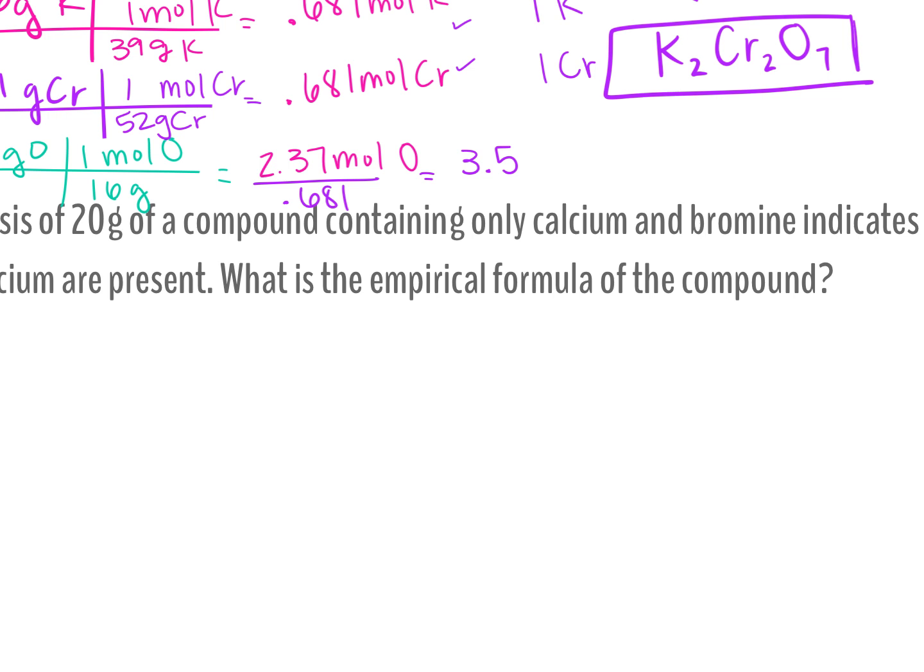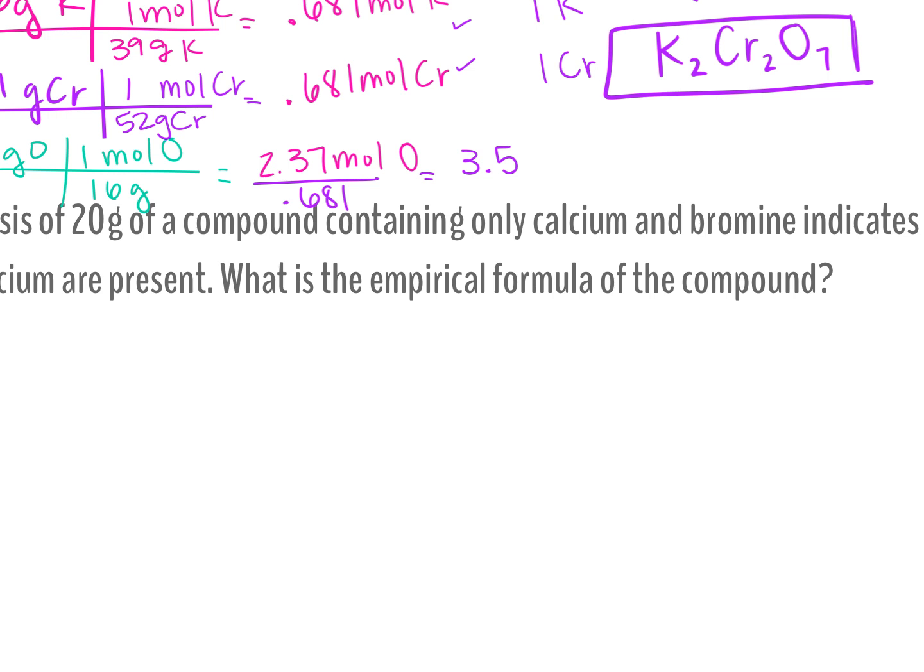What is the empirical formula of the compound? So let me ask you this question. Is there a reason for us to convert our grams to percentages to go back to grams? There's not, right? We're already starting in grams, right? They gave us a little bonus here. So we're just going to keep it, right?